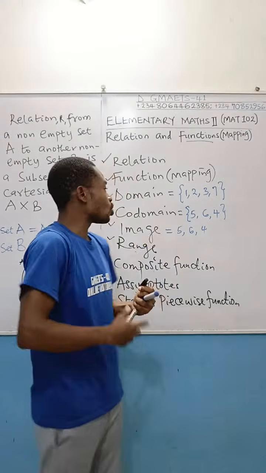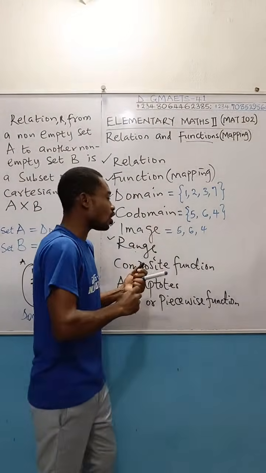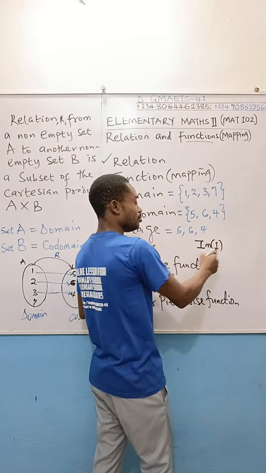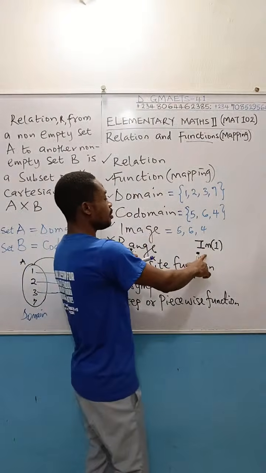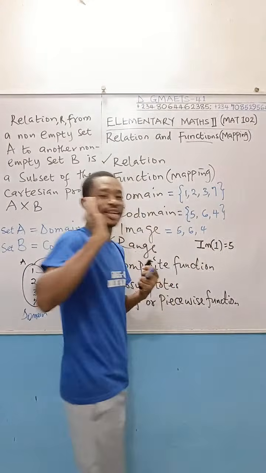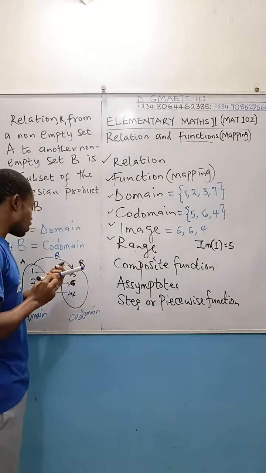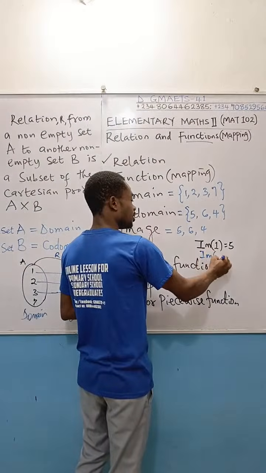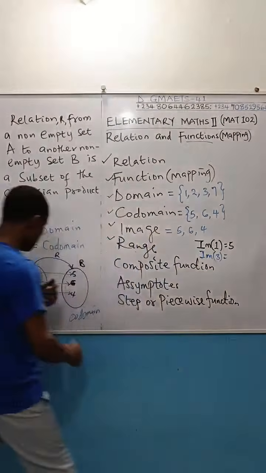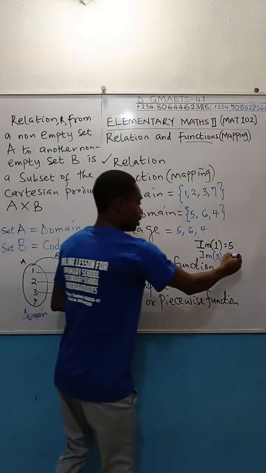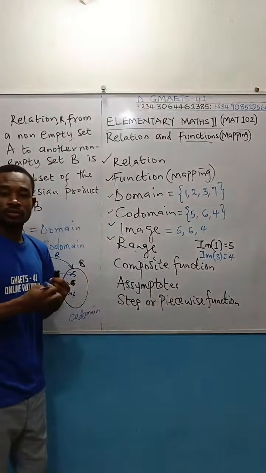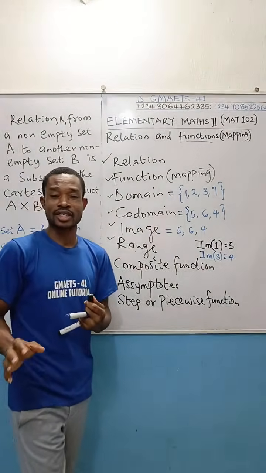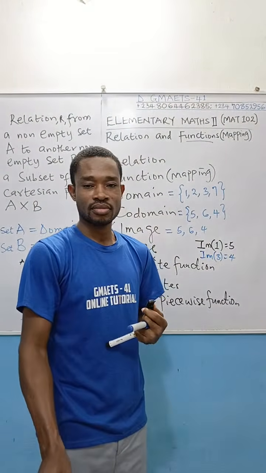I can just ask you what is the image of 1 here, and you will tell me that in 1, this "in" means image, image of 1 equals 5, just like that. If I ask you what is the image of 3, for example, you will tell me in 3 is equal to 4. So for image, we don't enclose it in brace bracket. It is not a set.